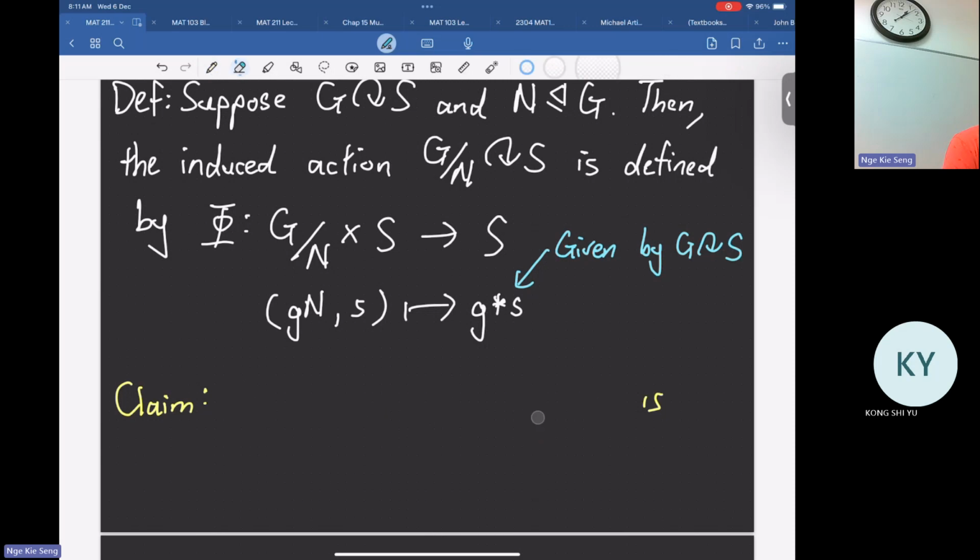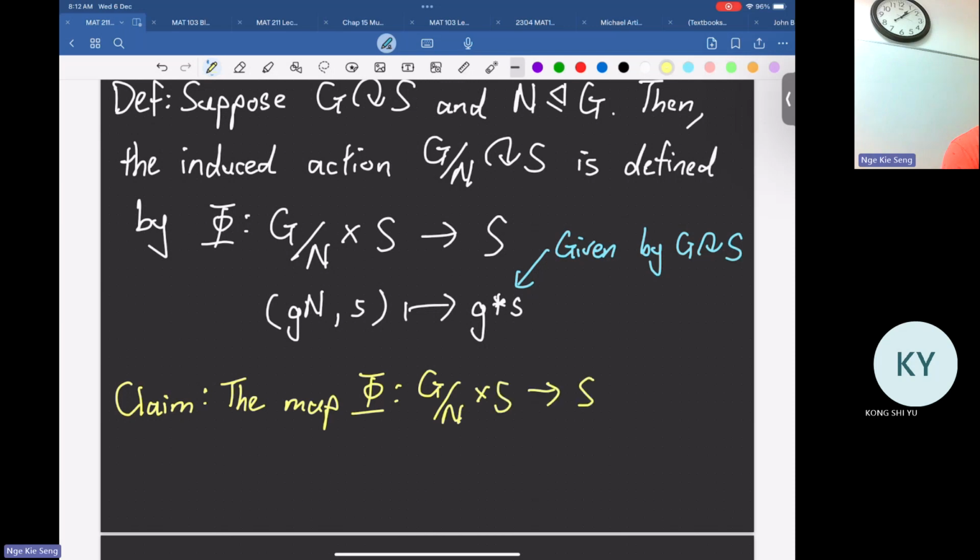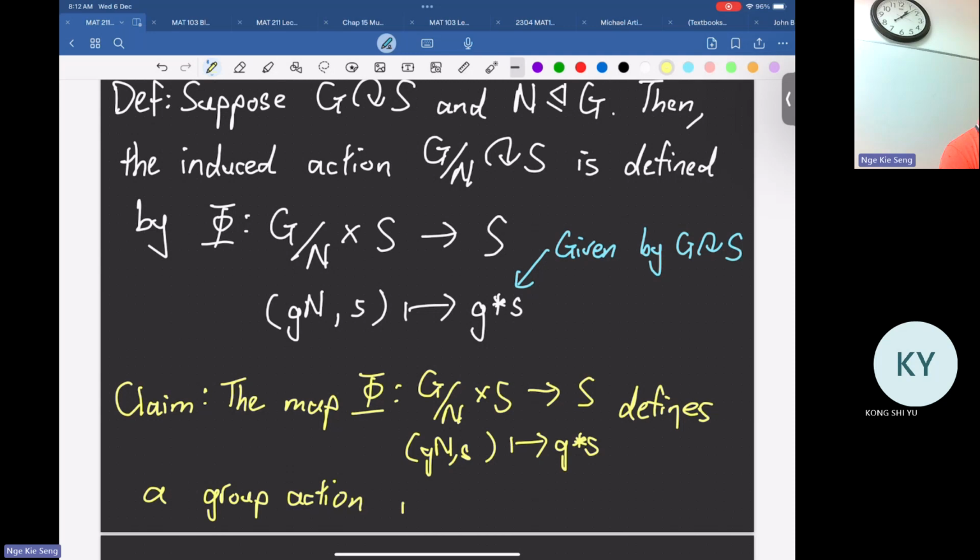The map G mod N cross S to S is a well defined action if and only if N is a subset of the kernel of phi.